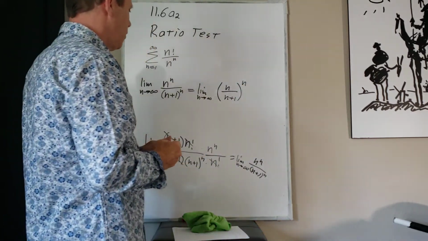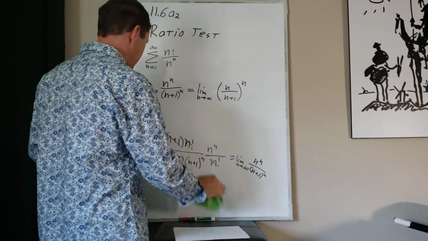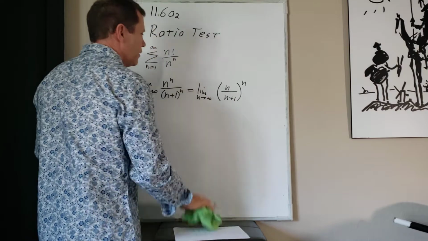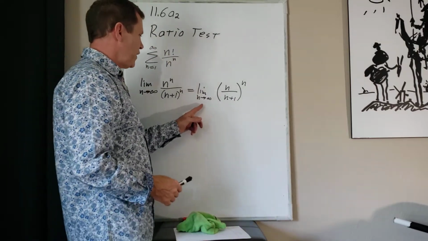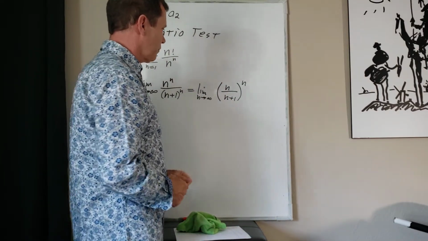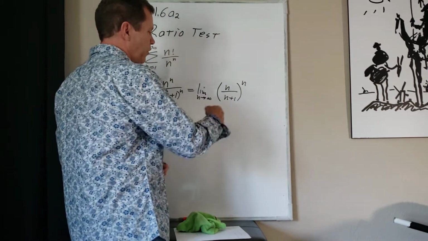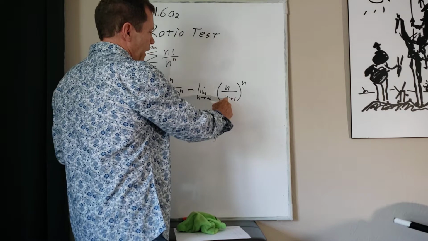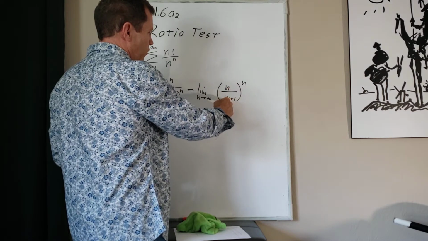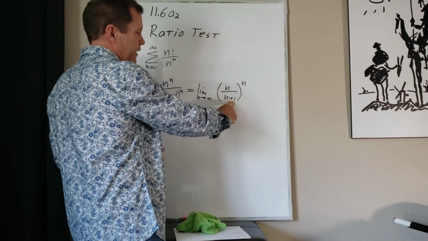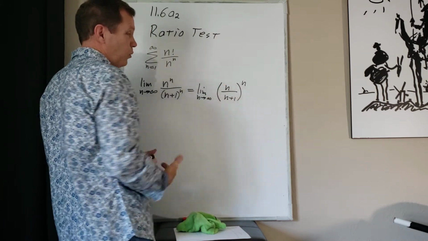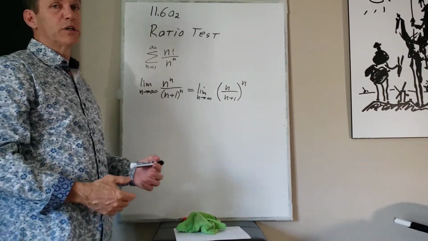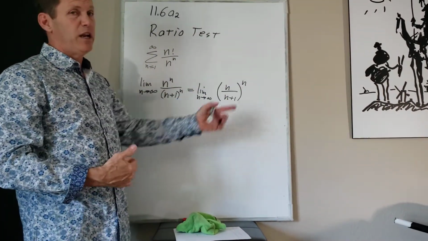Okay, now what's happening? Let's look at the inside. As n goes to infinity, I can multiply top and bottom by 1 over n, that'll be a 1, that'll be a 1 plus 1 over n, so that will go to 0. So the inside is going to 1. And the power is going to infinity.